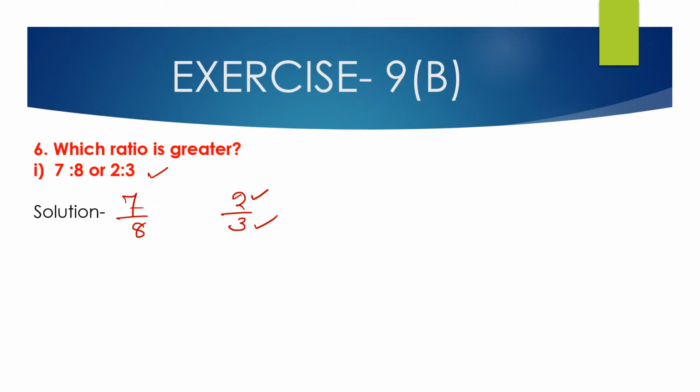First we have to find out the LCM of the consequents, that is 8 and 3. LCM of 8 and 3 is 24. Because 8 and 3 have no common factors, we multiply these two numbers.